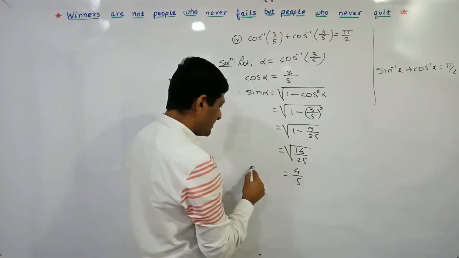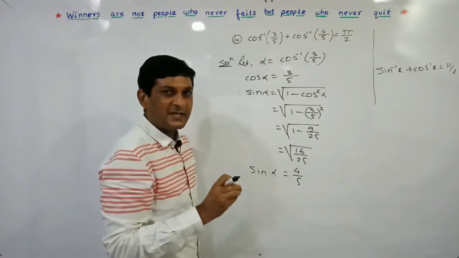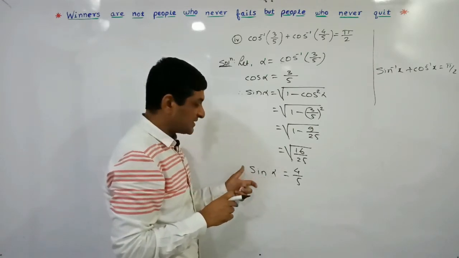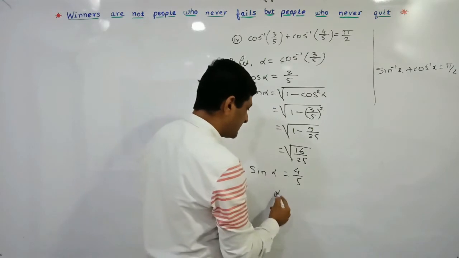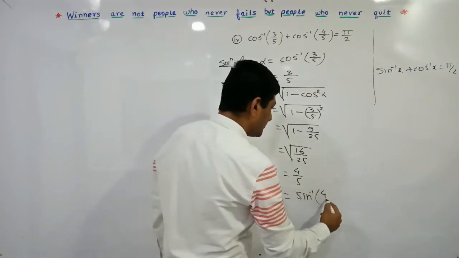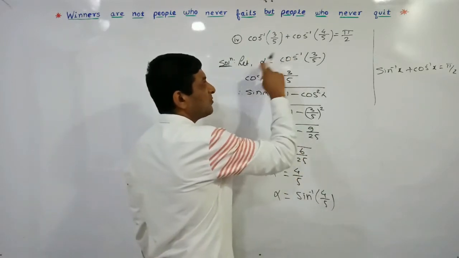Now observe here, the value of sine alpha is equal to 4 by 5. If we take sine inverse on both sides, sine inverse and sine get cancelled, the remaining term is alpha, and on the other side we get sine inverse of 4 by 5. But alpha is nothing but cos inverse of 3 by 5.